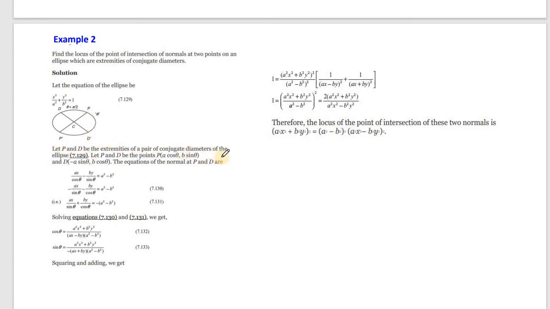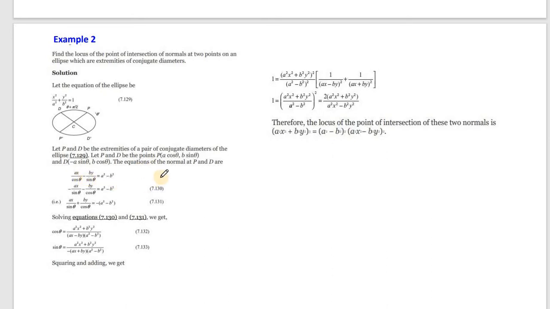Let P and D be the extremities of a pair of conjugate diameters. So on the ellipse, let P and D be the points a cos theta, b sin theta and minus a sin theta, b cos theta. This is known to us already. Sometimes we take it as P and Q, here it is taken as P and D.